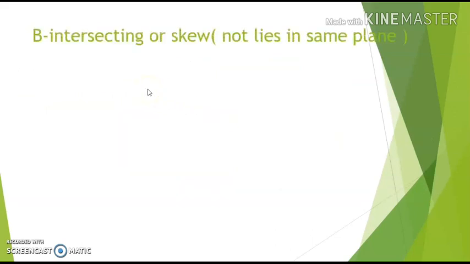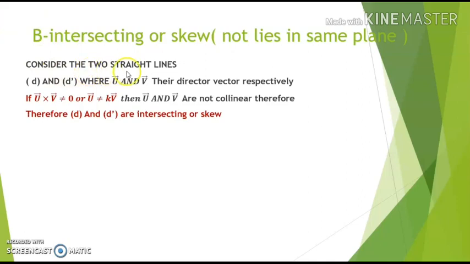Now let's talk about the second position, intersecting lines. Consider the two straight lines D and D prime, where U and V are their director vectors respectively.